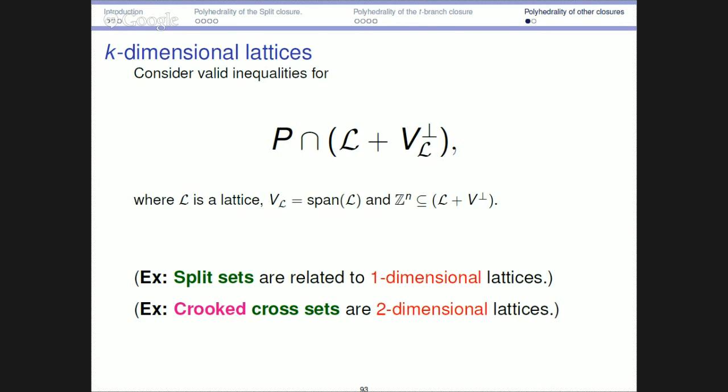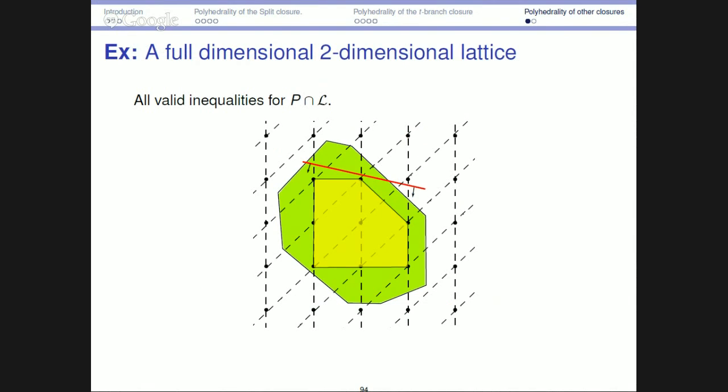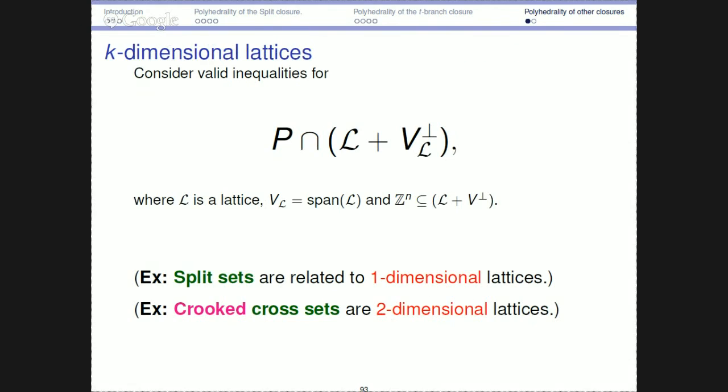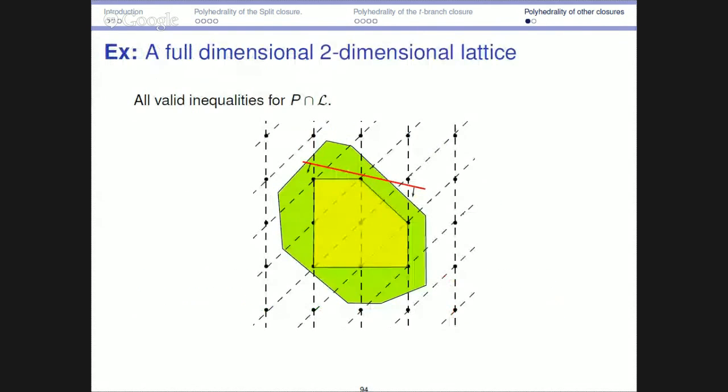And if this is 2-dimensional, it's related to crooked cross sets. So instead of removing a split, you intersect P with this lattice, and the lattice here will be given by the intersection of these hyperplanes. So you consider these hyperplanes and these other parallel hyperplanes. You obtain this lattice that may not be equal to the integral points, and you consider cutting planes for this object that are valid for the lattice points that are in P, valid for this set.